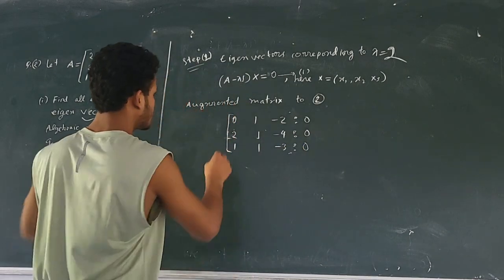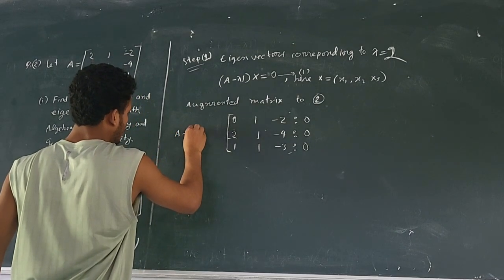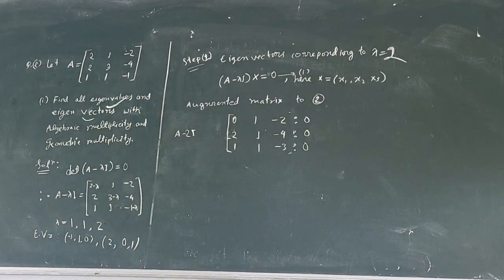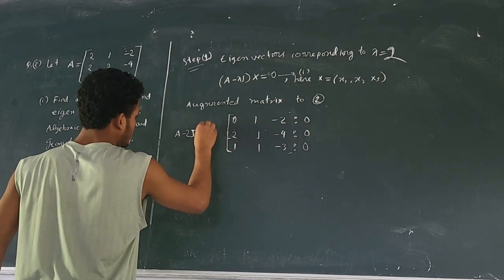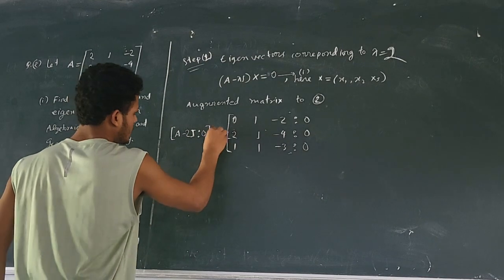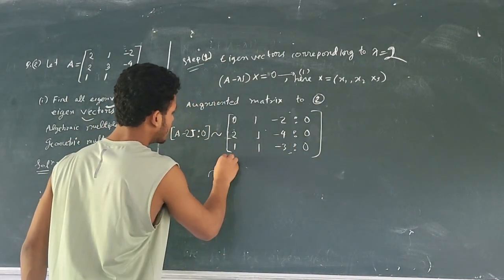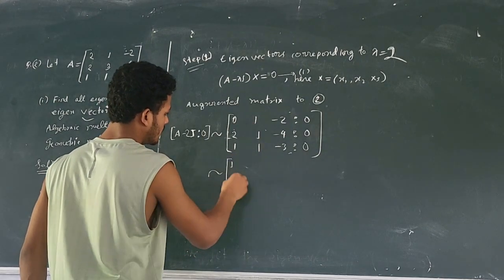This is the augmented matrix, and it is equivalent to this. Now perform row operations here. First, this row will be shifted to here.